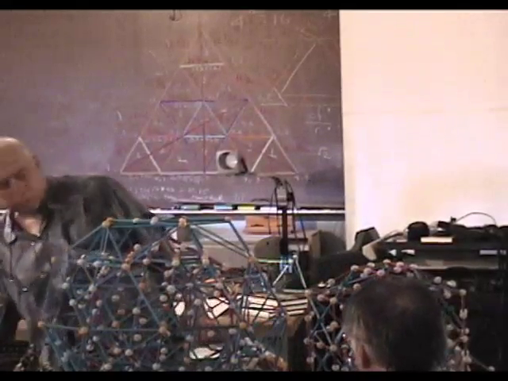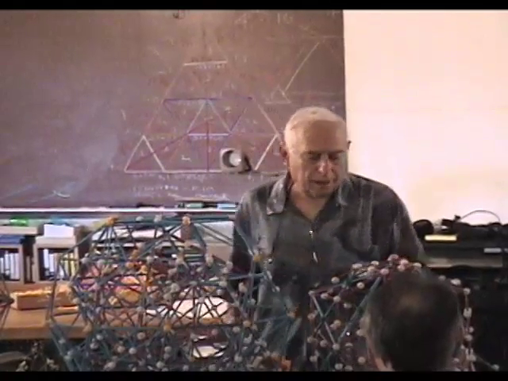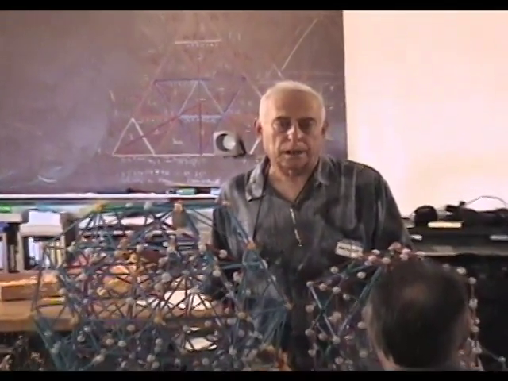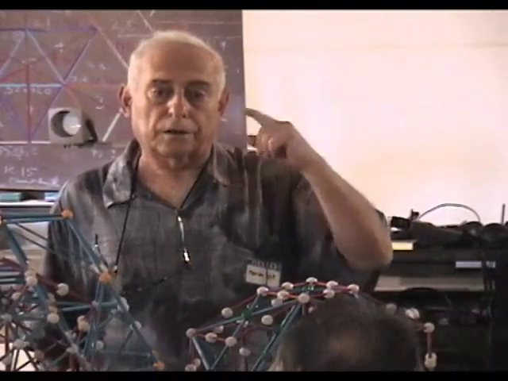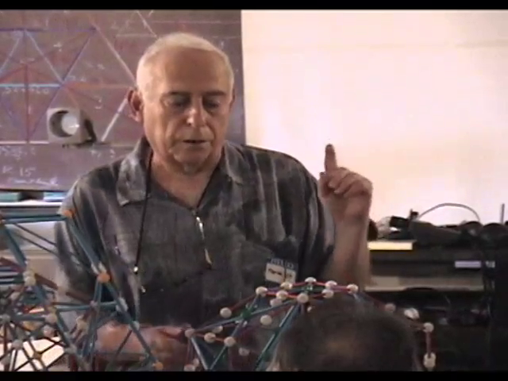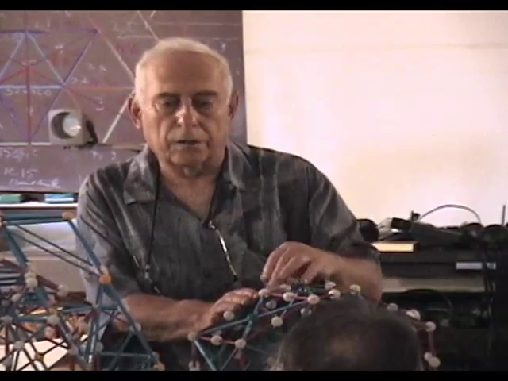Right. Gene's bringing up a good point, because Bucky talks about series and parallel circuits. It turns out that the 30 verti is what you would call series circuitry, like Christmas tree lights are in series circuitry. But in order to contain space, you need to create parallel circuitry, series in parallel, and that's why the rhombic diamonds become essential to it.